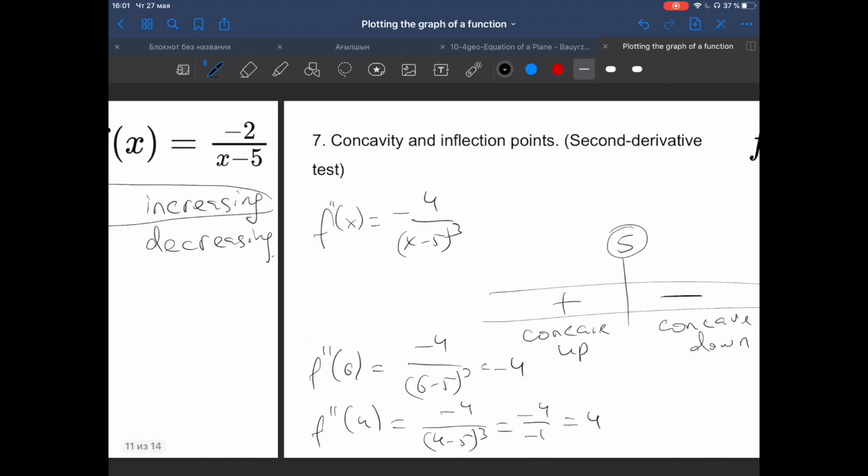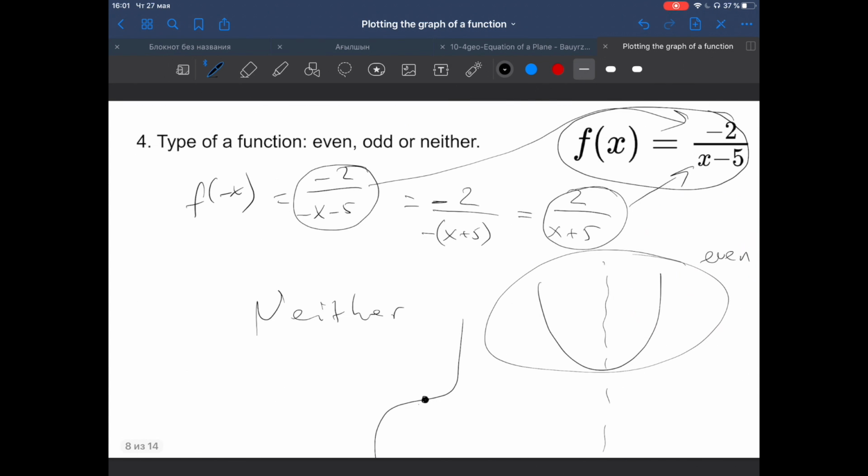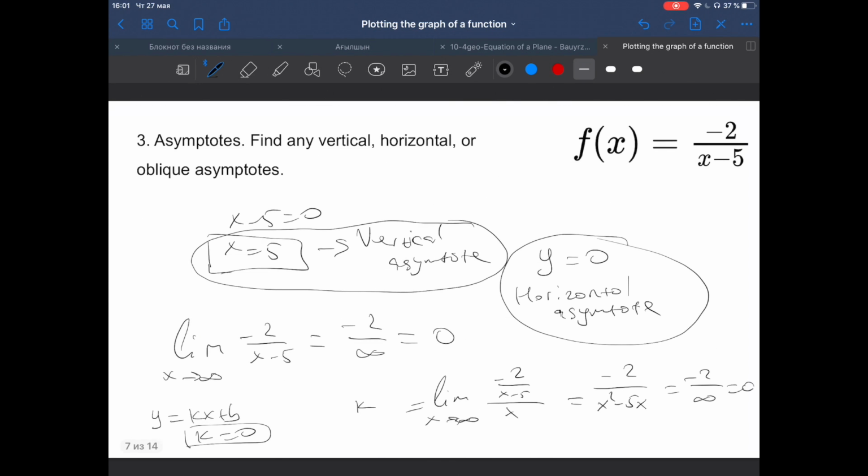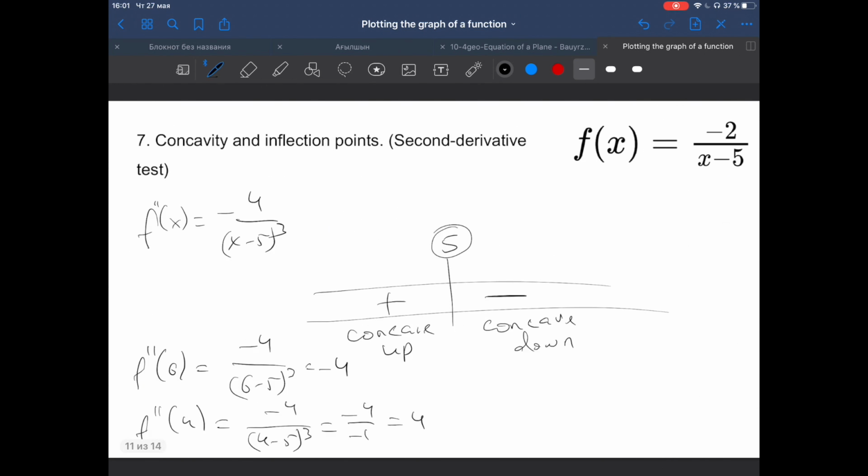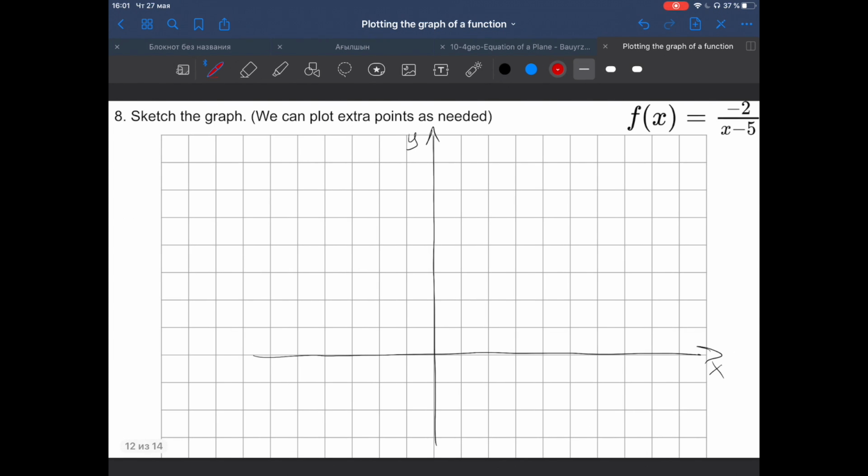First, let's look at our asymptotes. Here we have asymptotes: vertical asymptote x is equal to 5, and y is equal to 0 is the horizontal asymptote. Let me draw them here with a red pencil.